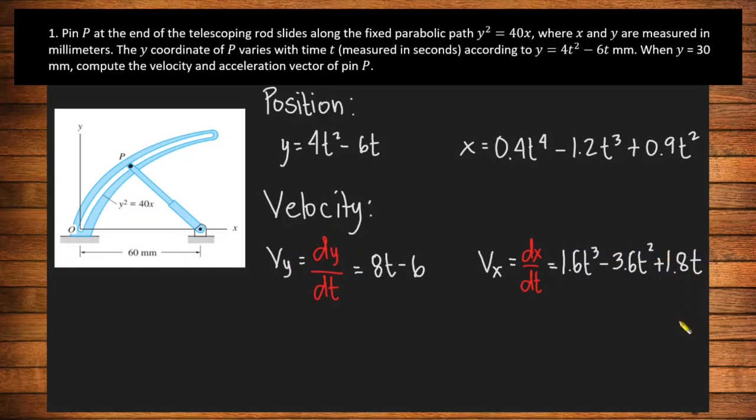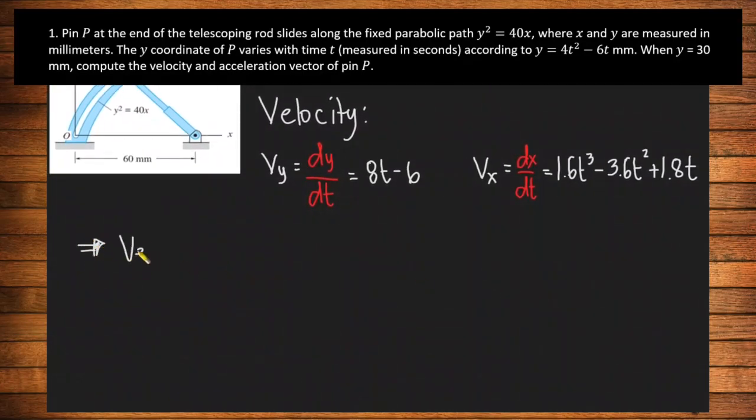Okay, so again, the problem asks for the velocity at y equal to 30 millimeters. Okay, so mapapansin nyo, yung components ng velocity vectors natin is in terms of t. Okay? So, hindi natin pwedeng i-substitute kaagad yung y equal to 30 millimeters doon kasi walang variable y.